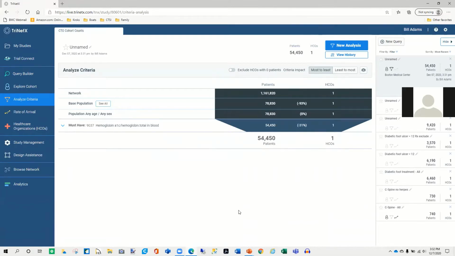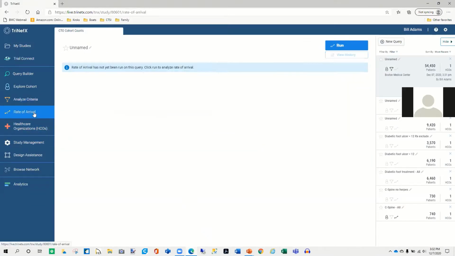So you can pretty quickly look at how the definition of your cohort, as you add more and more layers, filters down to the final result, and you can understand the impact of each criteria and where you're losing patients.